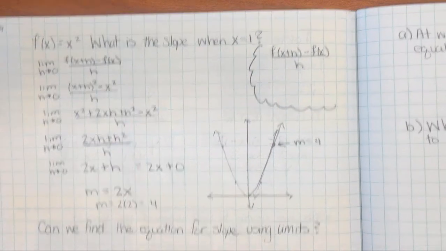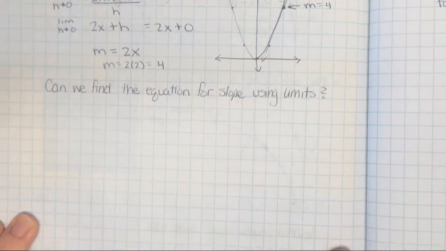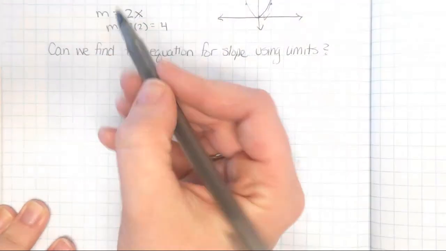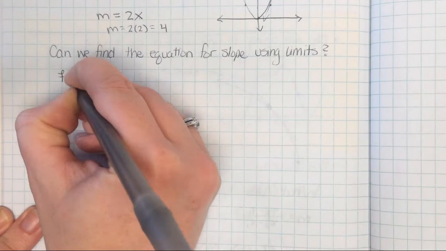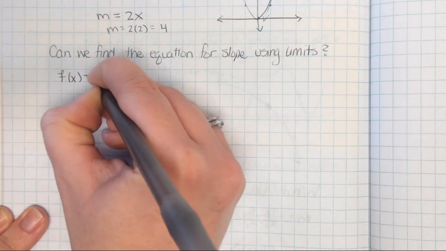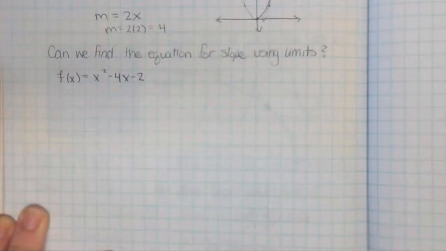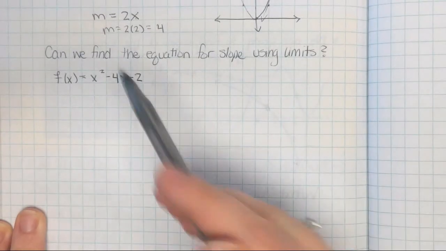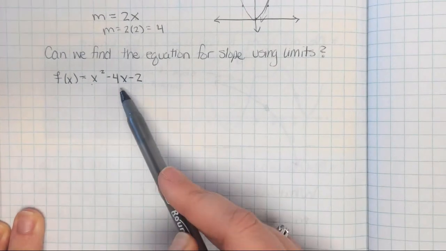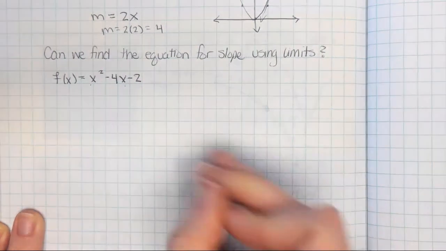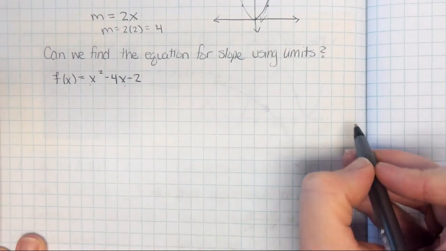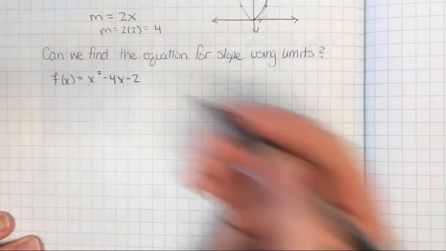Now what I want to do is see if we can do the same process with a harder function. We are going to take the function f of x equals x squared minus 4x minus 2, and I'm going to use that same rule. I'm going to plug in x plus h here and here, and then subtract the entire original function. It's going to be kind of lengthy.